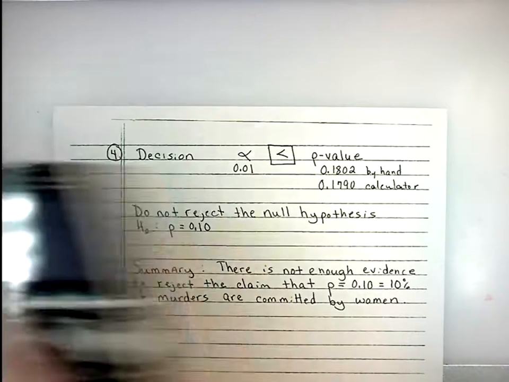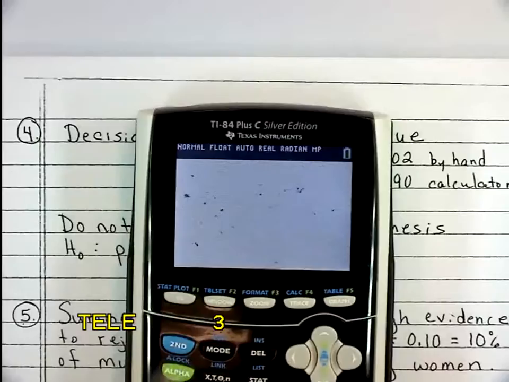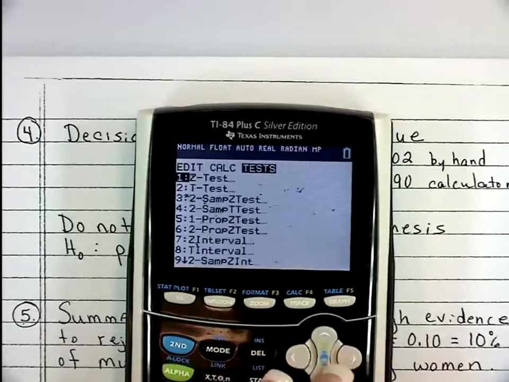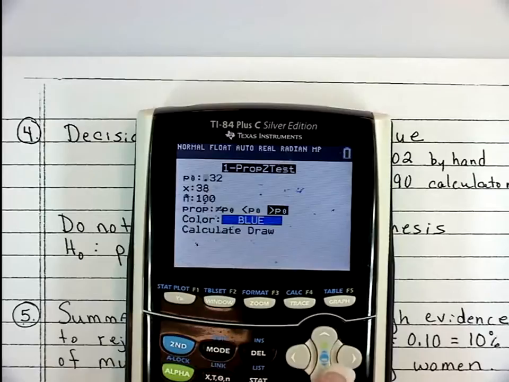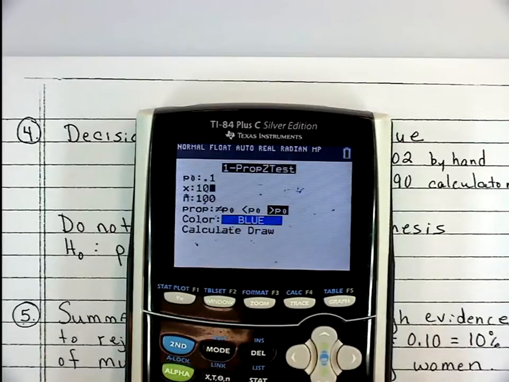Let me show you the calculator for this problem before I give the summary statement. Stat and test, and it's number 5. The claim is that 10% of murders are committed by women, so that's 0.10. And they said that in a sample of 67 murders, 10 were committed by women.